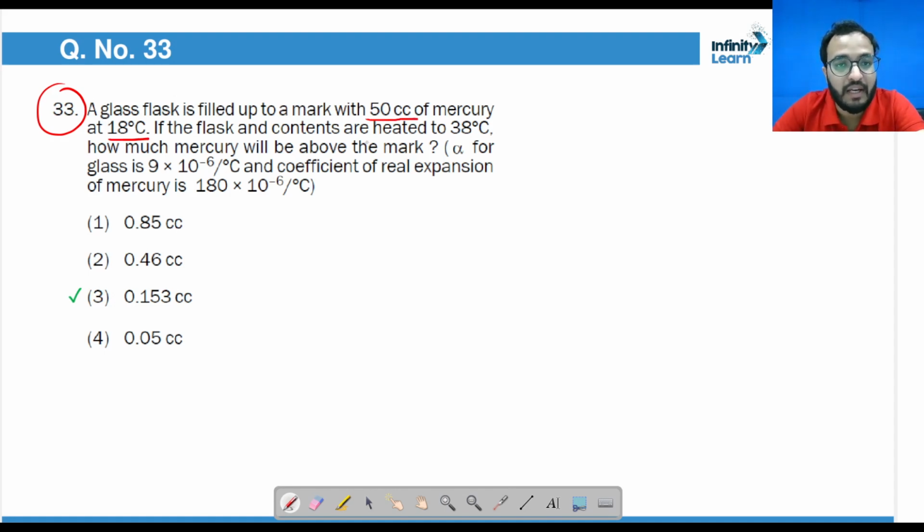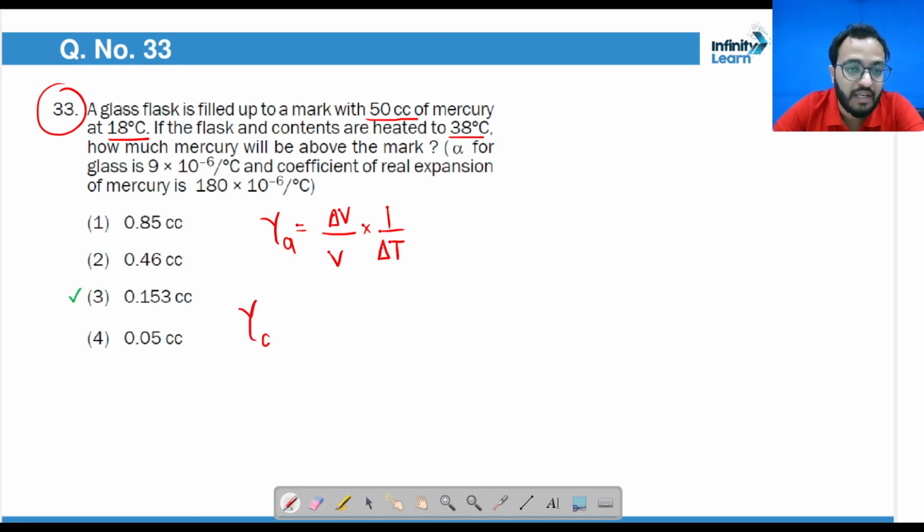If the flask and the contents are heated to 38 degrees centigrade, how much mercury will be above the mark? See, gamma apparent is equal to delta V by V into 1 by delta T. And gamma apparent is gamma of the liquid minus gamma of the container, right?